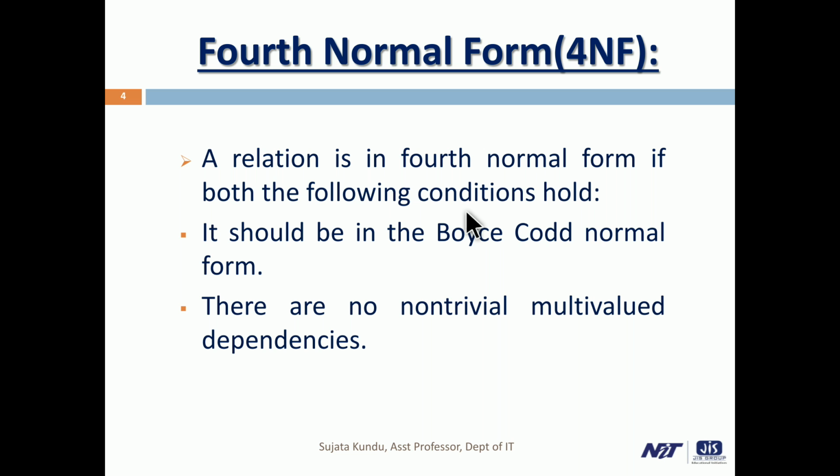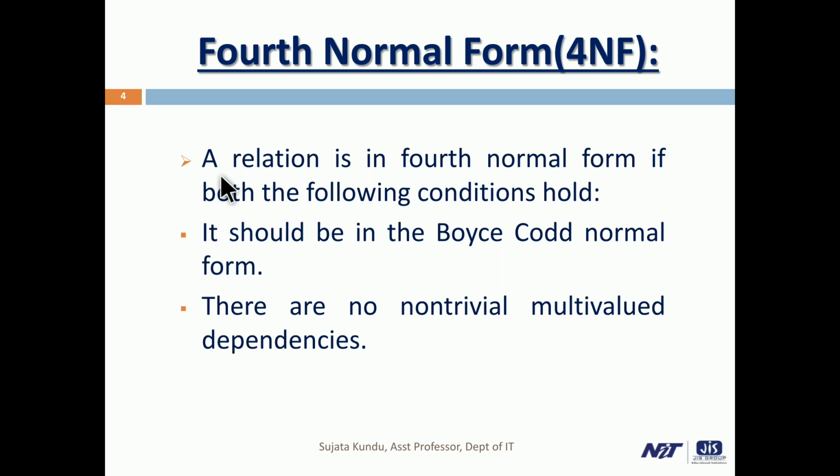It builds on the first three normal forms and Boyce-Codd normal form, that means it builds on all the previous normal forms. It states that in addition to the database meeting the requirements of BCNF, it must not contain more than one multi-valued dependency.